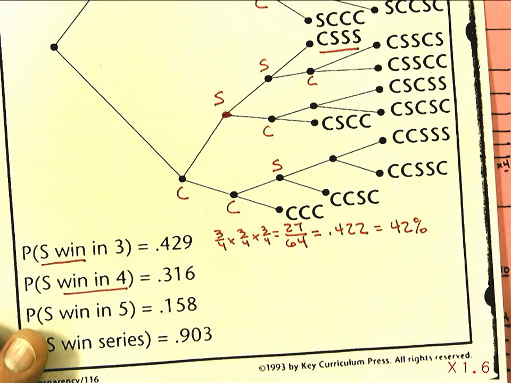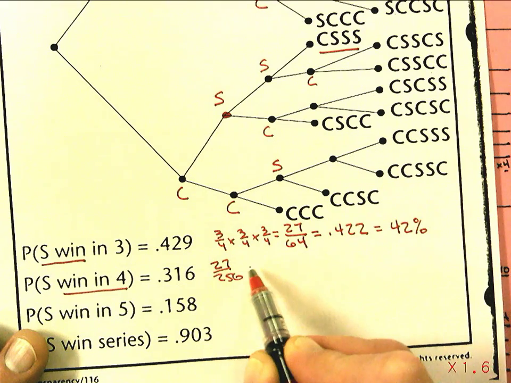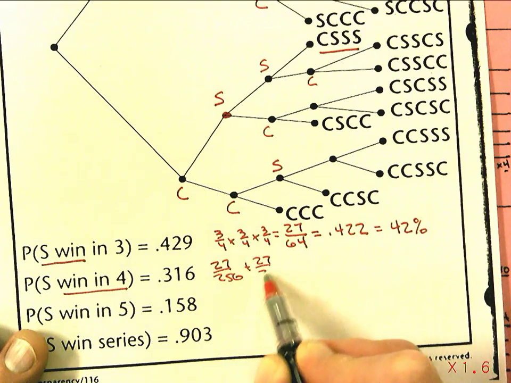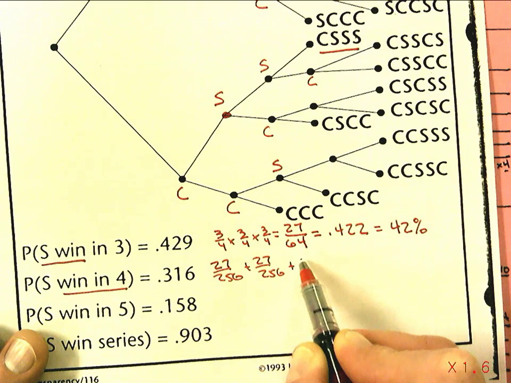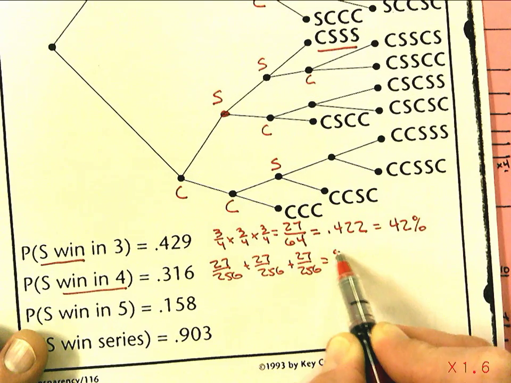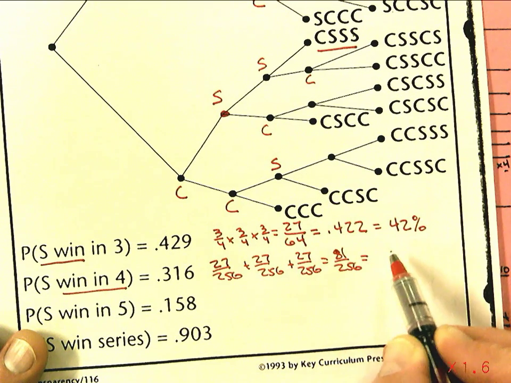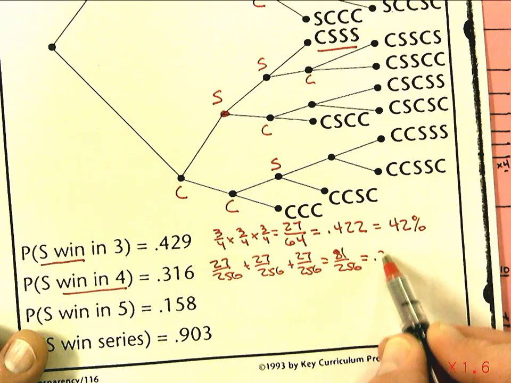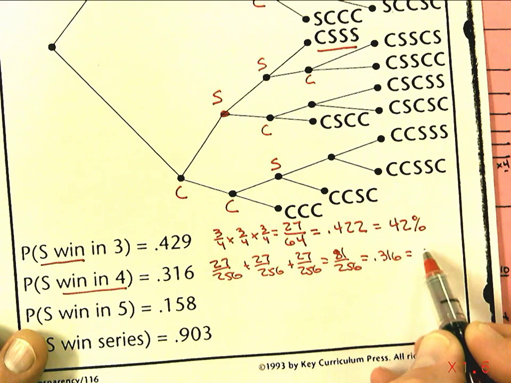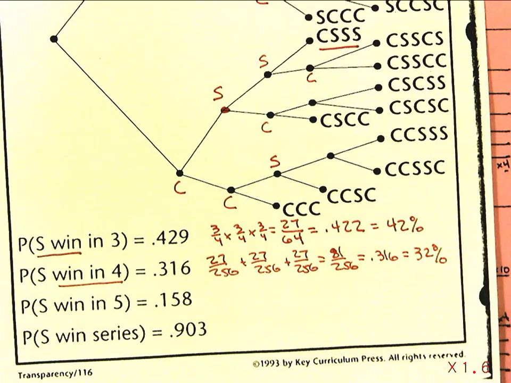So that was 27 out of 256 plus 27 out of 256 plus 27 out of 256 equals 81 out of 256, or 0.316, or 32%, that they win in 4.